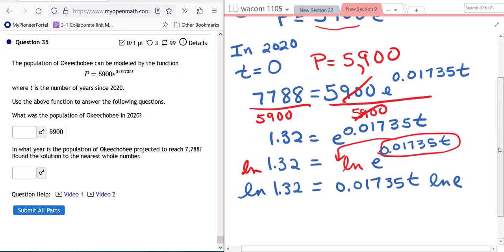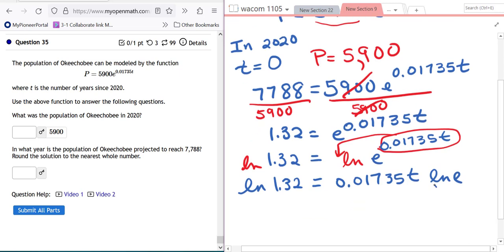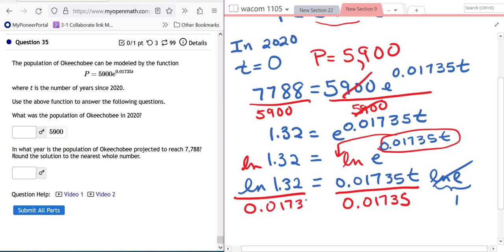Right, and remember the ln of e is 1, so you don't need that piece. Right? You can throw it out. So all you have is this equals this log. Well, you want t, it's multiplied by this, so you're going to divide on both sides by 0.01735.